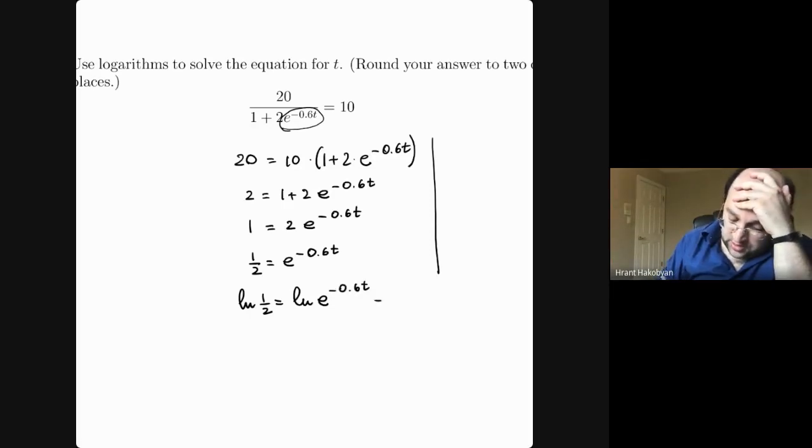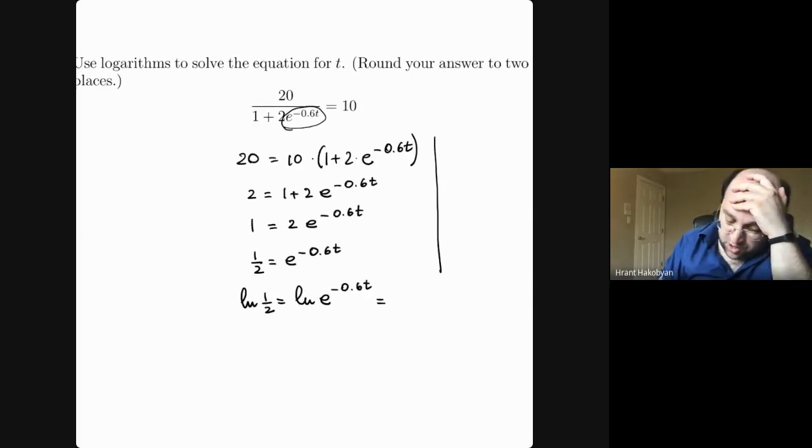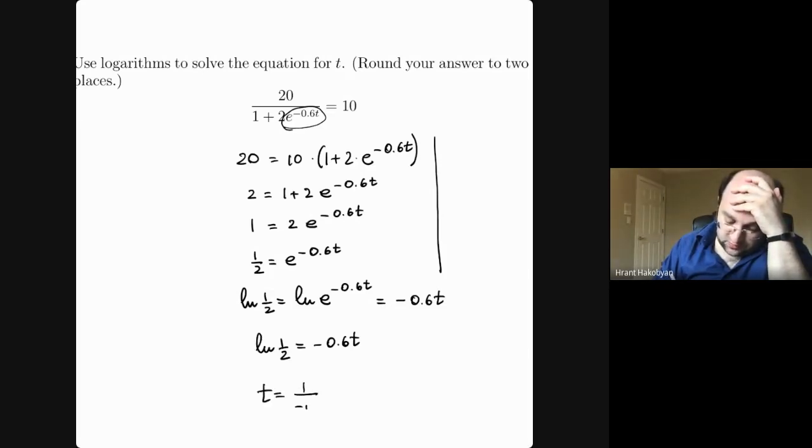The natural logarithm of e is 1, so it just gives you the power. So ln(1/2) is equal to negative 0.6t. Then I solve for t, so t is equal to 1 over negative 0.6 times ln(1/2).